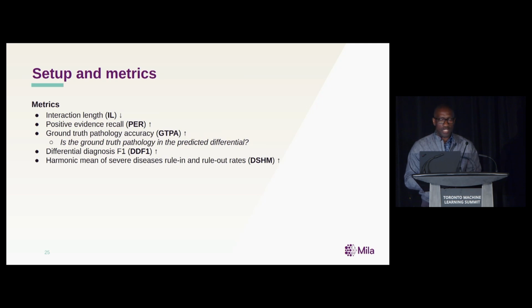And the differential diagnosis F1 will assess how well the predicted differential is aligned with the ground truth differential. And finally, we have a metric that assesses how good the agent is at handling severe pathology.